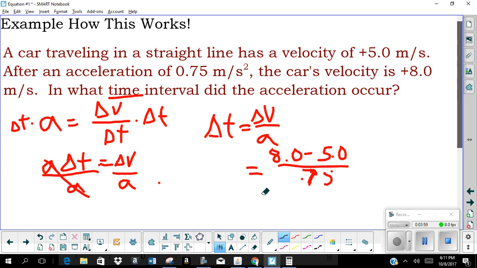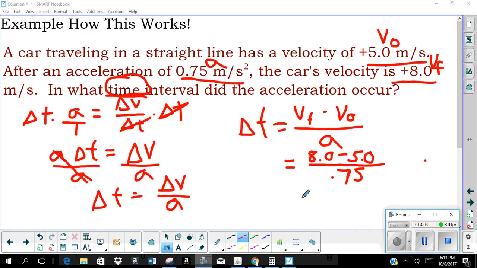What we just did was final velocity 8.0 meters per second minus initial velocity of 5.0 meters per second divided by an acceleration of 0.75. And then what we get here with proper sig figs is an answer of 4.0 seconds.